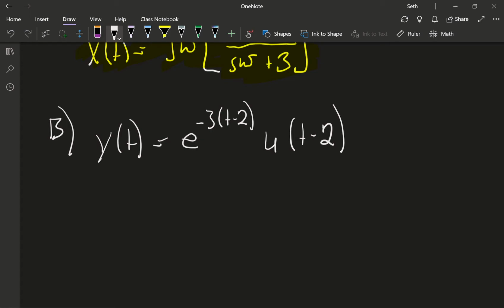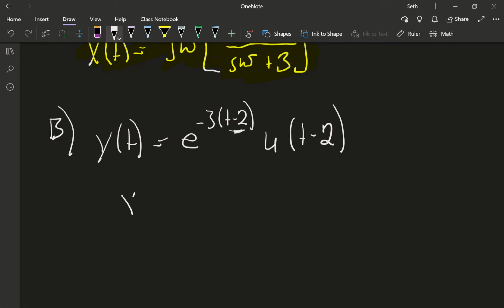Okay, we have a property for this, so I'm going to go to my properties and tables, and this is called the shifting property. So the shifting property is in table 4.1, and it's going to be 4.32, and this is time shifting obviously right here.